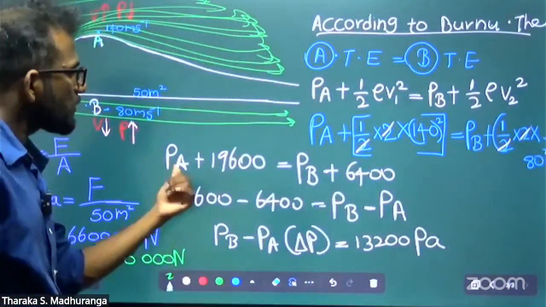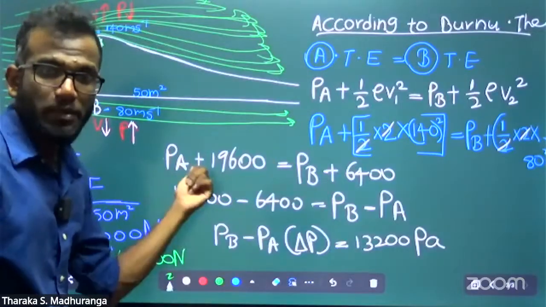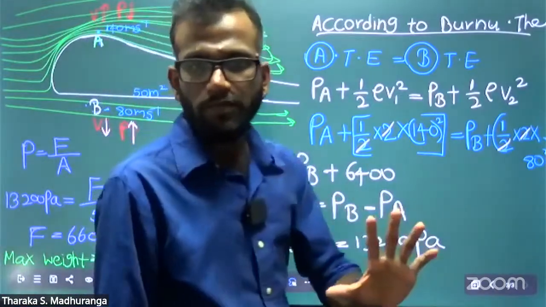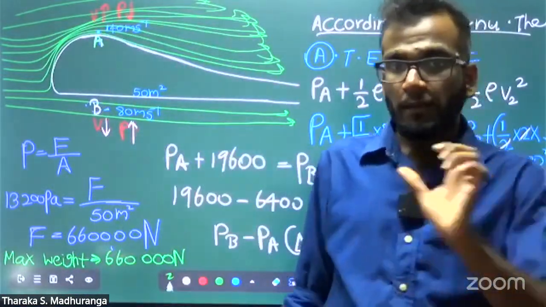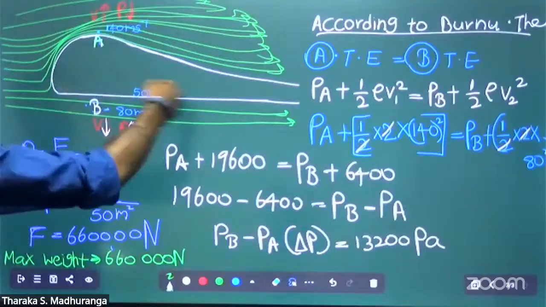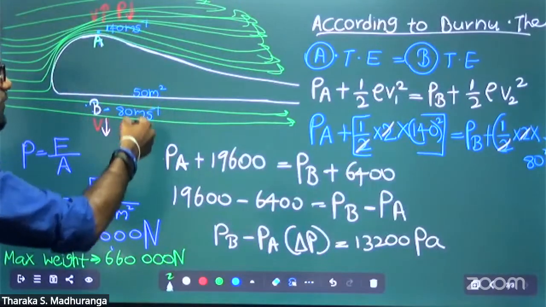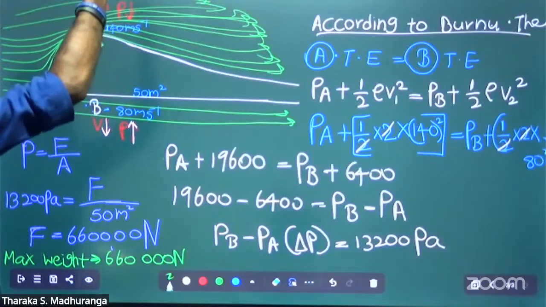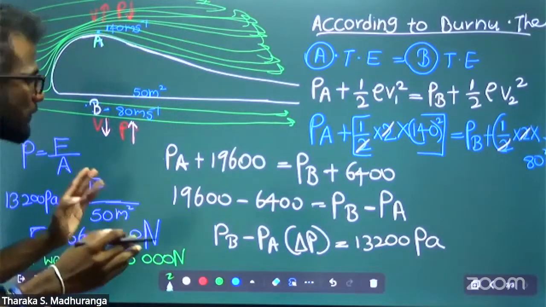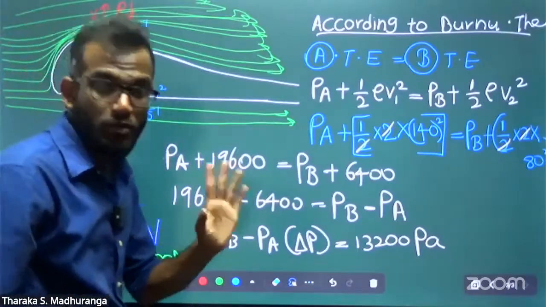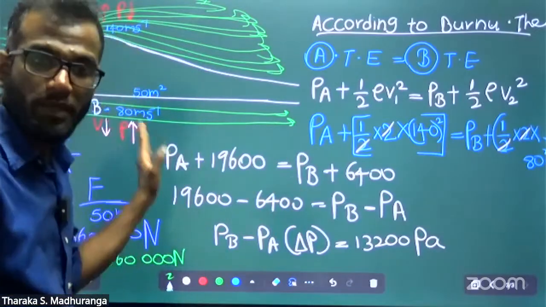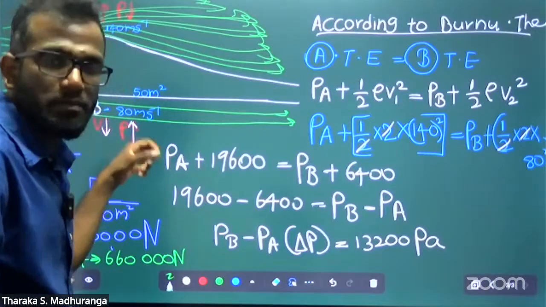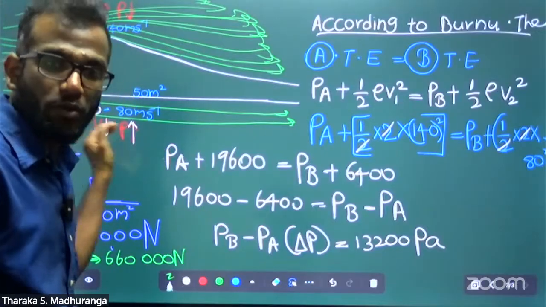Then you have to decide whether PA or PB is higher according to Bernoulli's theorem. If air velocity is low, the pressure is high; if air velocity is higher, the pressure is low. Therefore, in this case, PB is the higher pressure, the B point on the lower side.